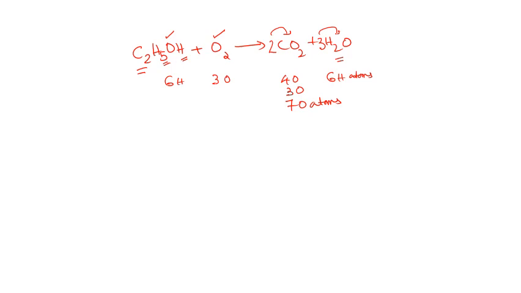So how can I make 7 on the left side? I will add a coefficient of 3 here. So it will become 6 oxygen and 1 oxygen from the ethanol. So total 1 plus 6, that is 7 oxygen atoms on the left side as well.